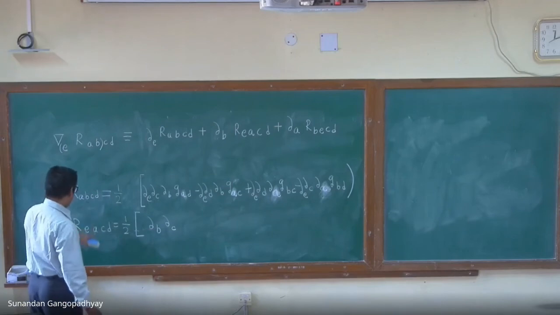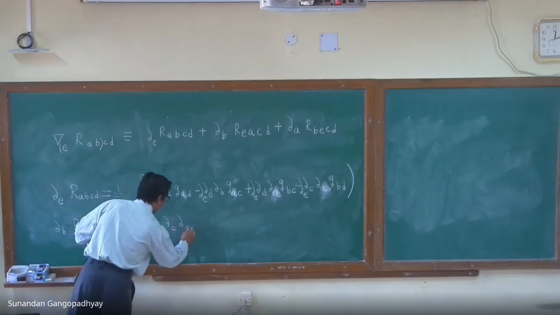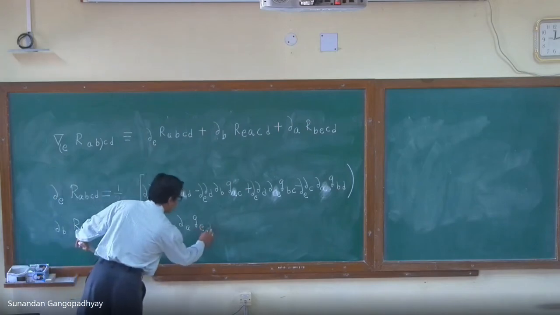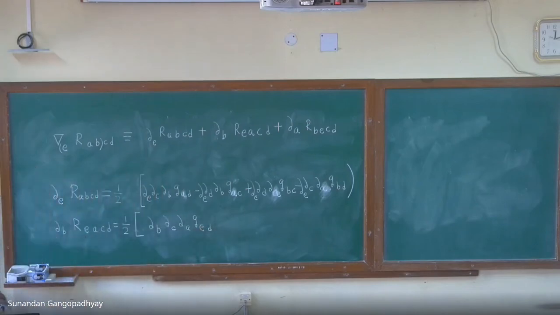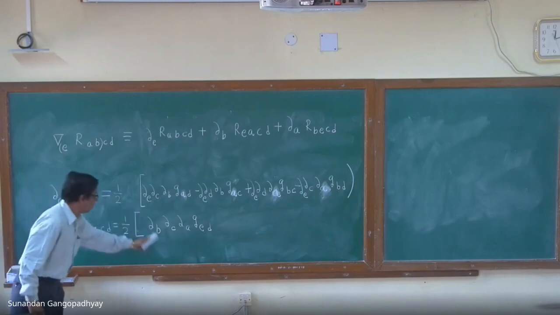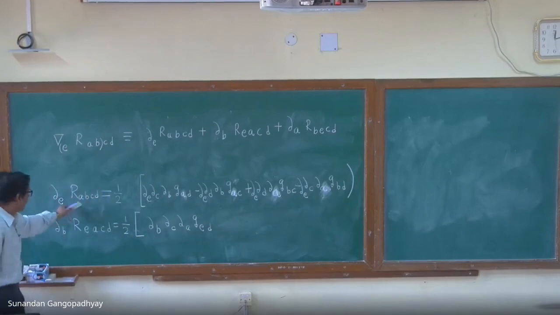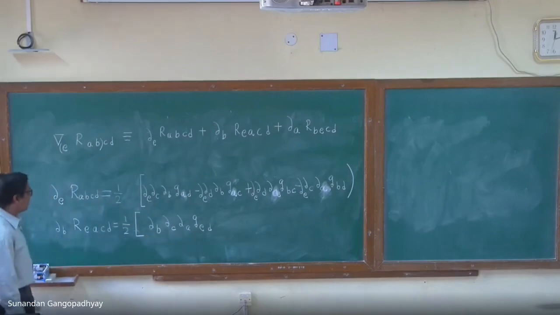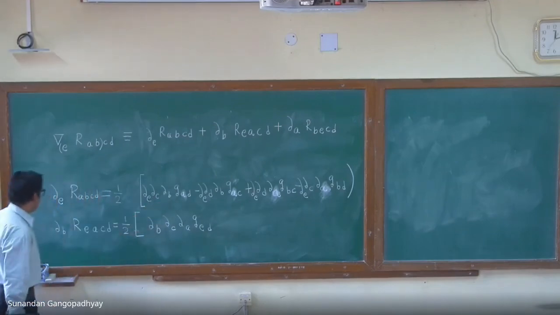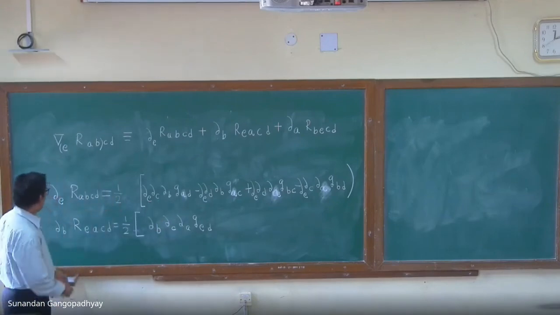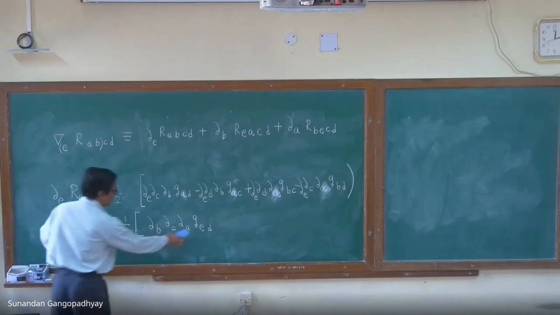B gets replaced by A. A gets replaced by E. D remains the same. E gets replaced by B. Do the same thing. Here C remains the same. Don't replace C. B gets replaced by A, so you replace this by A. Once again, A gets replaced by E, so this becomes g_E.